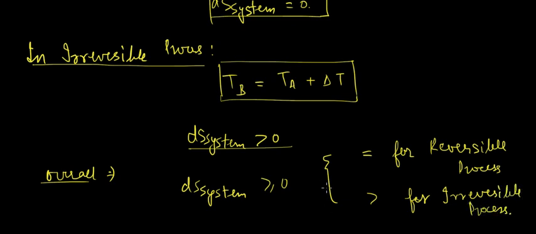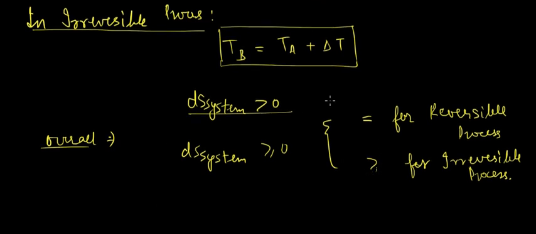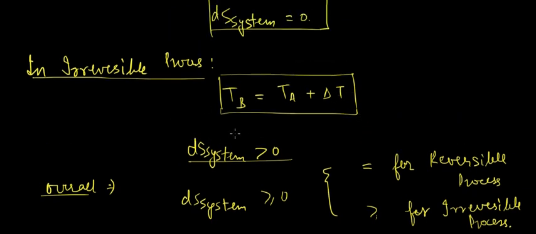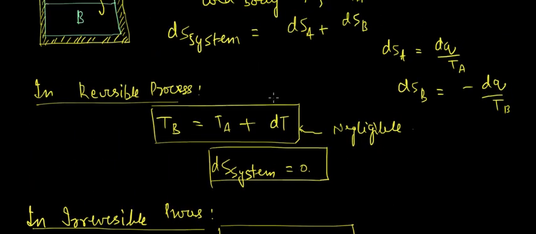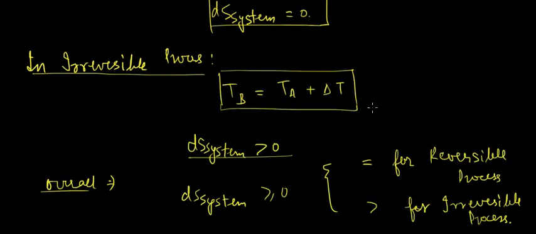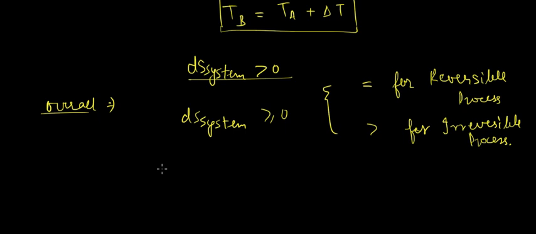So just remember that for an irreversible process, for an isolated system, dS of system would be greater than 0, and for a reversible process, dS of system would be equal to 0. And if dS of system is less than 0, then this is an impossible case.